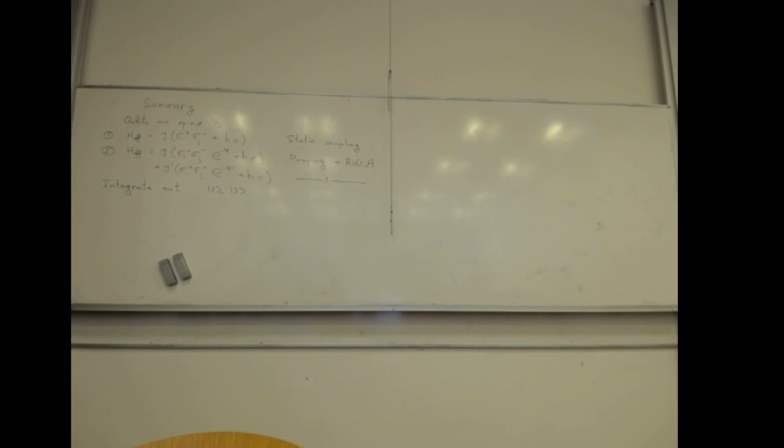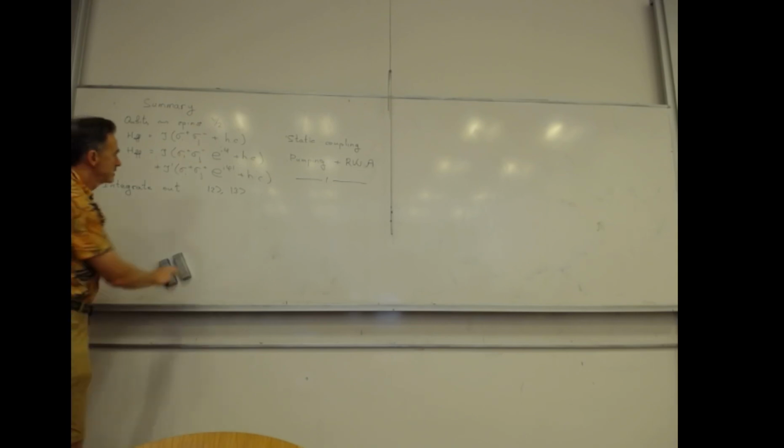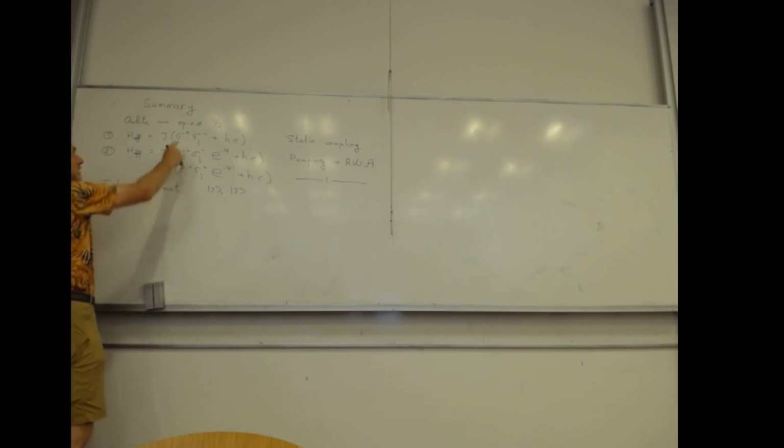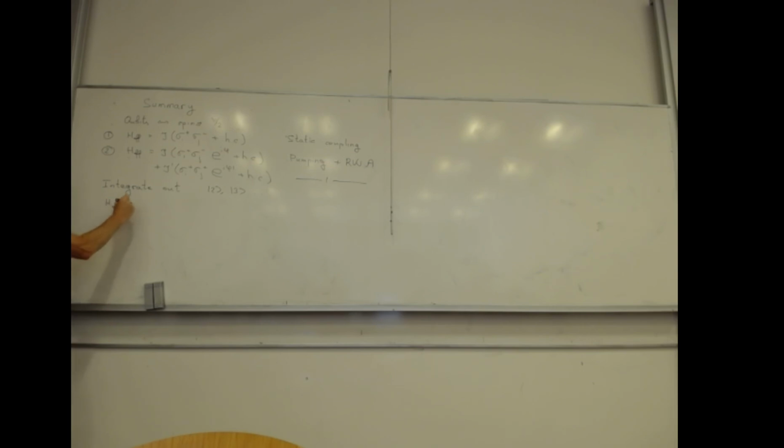But when we integrate out, of course, these results are not exact. These effective Hamiltonians are obtained in the linear approximation over this procedure.